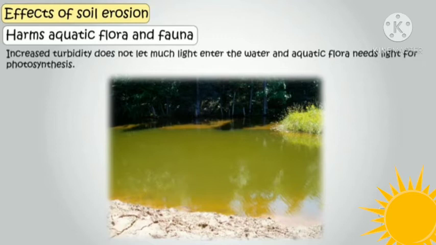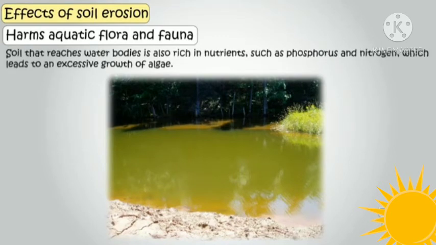Increased turbidity does not let much light in. The water and aquatic flora need light for photosynthesis. Soil that reaches water bodies is also rich in nutrients such as phosphorus and nitrogen, which leads to an excess growth of algae.